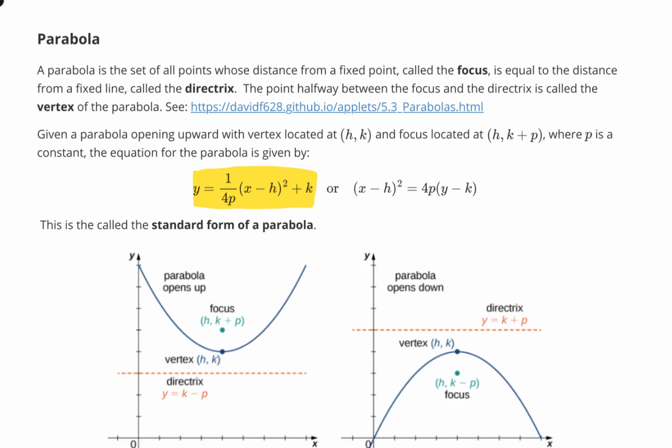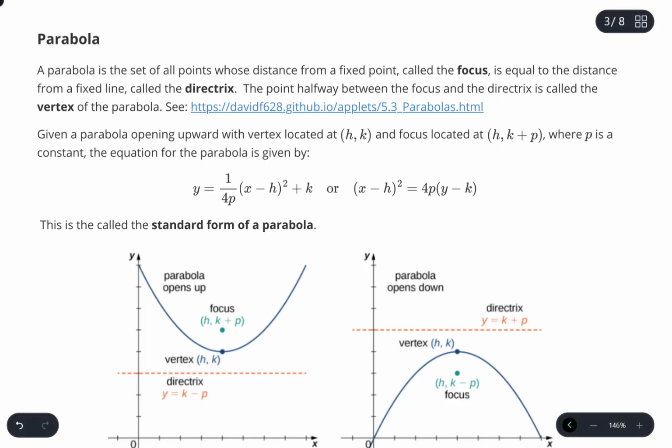This is solved for y, which is actually how we do most parabolas, but it's a bit more convenient to not have it solved for y, but actually express it in this form right here. So (x - h) quantity squared equals 4 times p times (y - k).